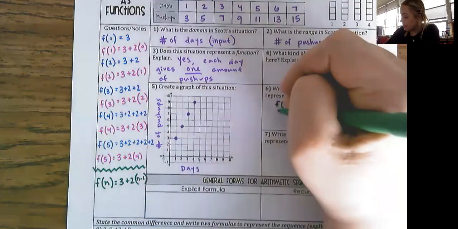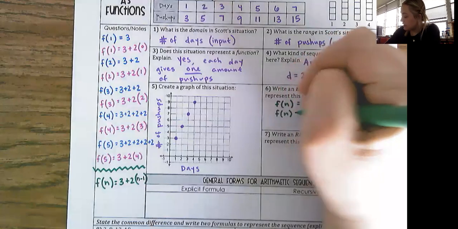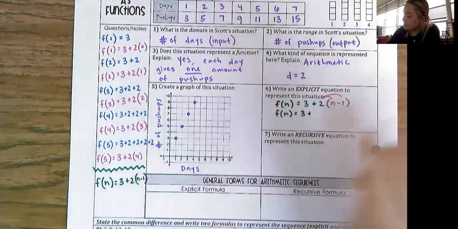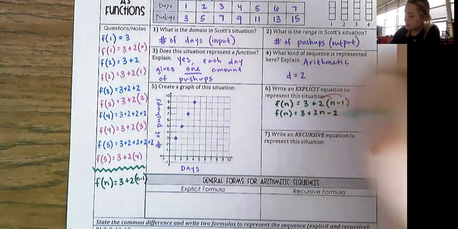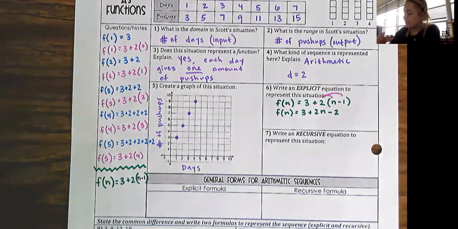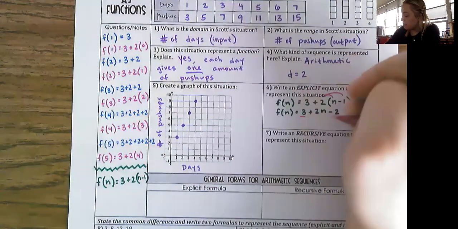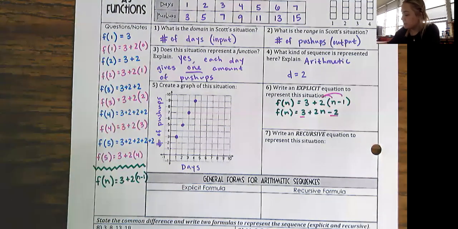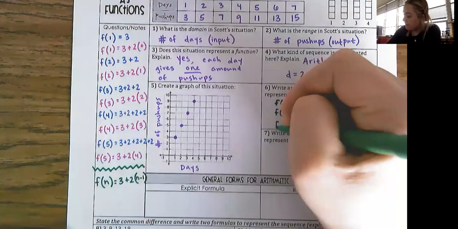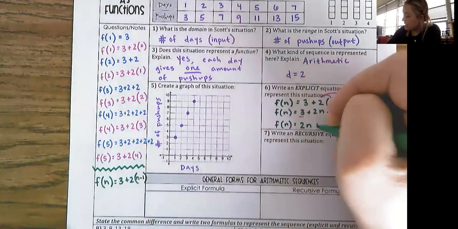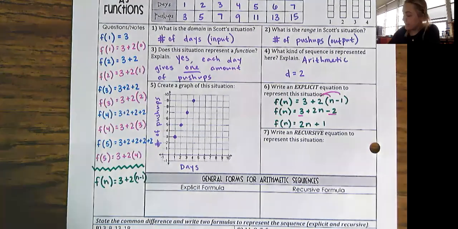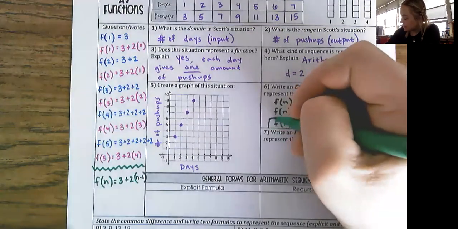So this is really f of n equals 3, and then 2 times n is 2n. 2 times negative 1 is minus 2. All right, let's combine some like terms. 3 minus 2. So I've got f of n equals 2n plus 1. Now that is our explicit equation.